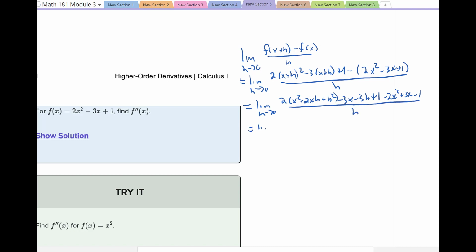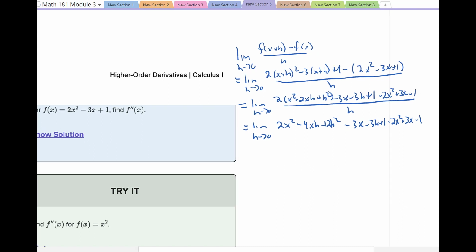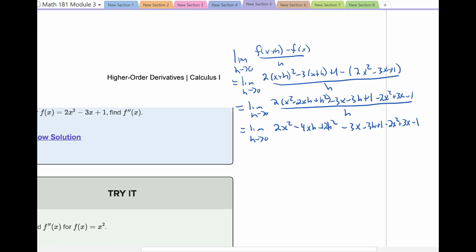And that's going to be the limit as h goes to 0 of 2x squared plus 4xh plus 2h squared, excuse me, minus 3x minus 3h plus 1 minus 2x squared plus 3x minus 1 all over h. Now we're at the point that things are going to go away. So our 2x squared is going to go away, our 3x is going to go away, our 1 is going to go away.